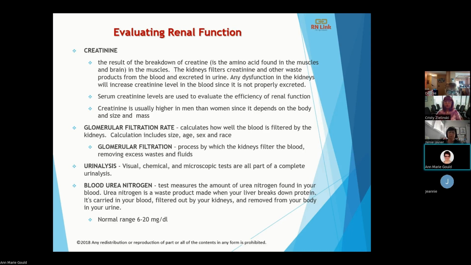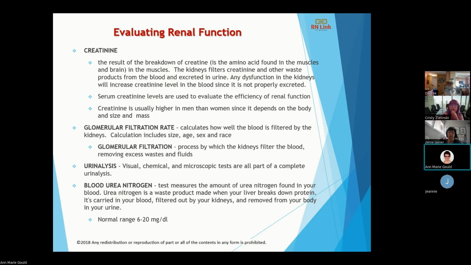So the kidney filters the creatinine and gets rid of other waste products from the blood and excretes them in the urine, right? So if there's any dysfunction in the kidneys, that'll increase your serum creatinine level, and then it won't be able to excrete the waste products out of the body.